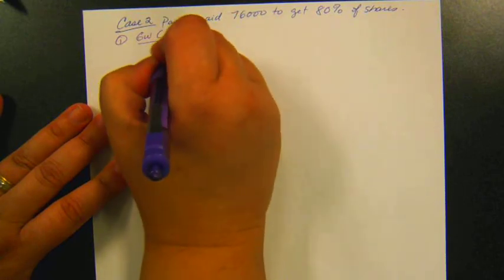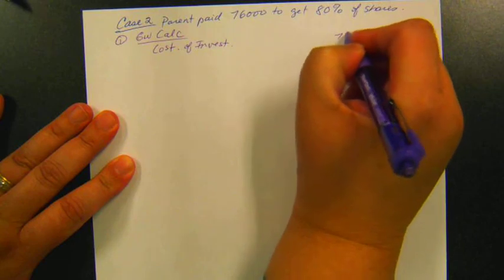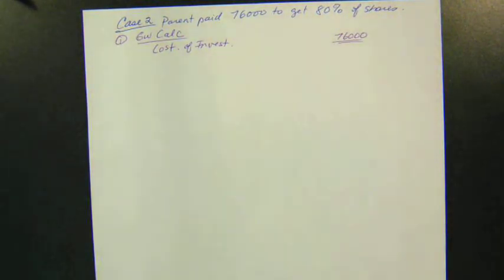Well, let's write the cost of the investment we know was, just as a reminder. You don't have to write it. I put it there just as a reminder. But for our actual goodwill calculation, what do we start with?